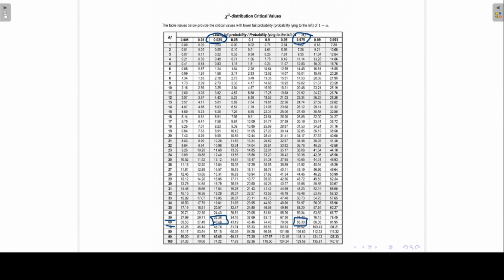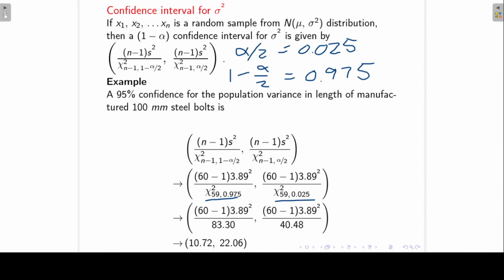So these are the two chi-square values that we will substitute into our confidence interval. And here you can see we do the substitution. And if we calculate, we get a 95% confidence interval for the population variance.